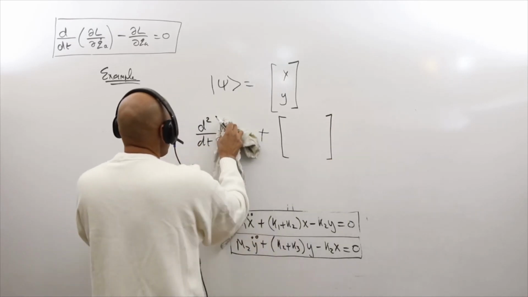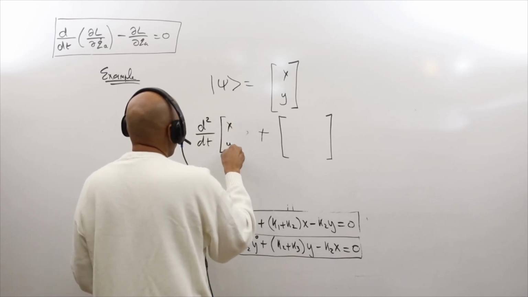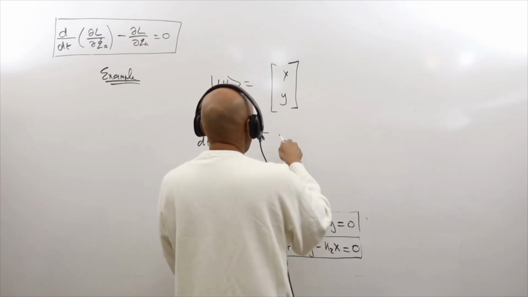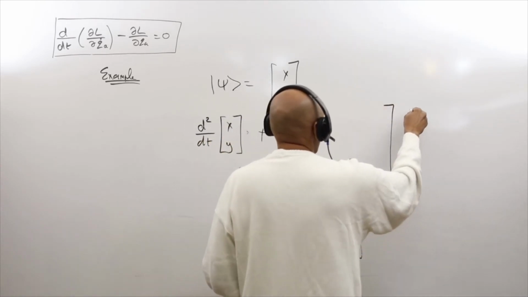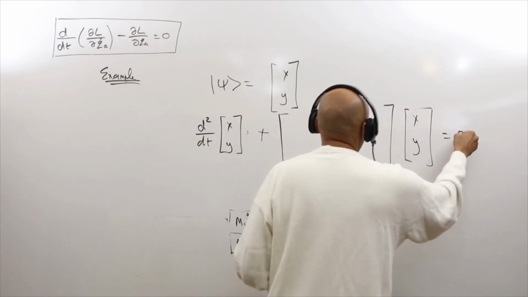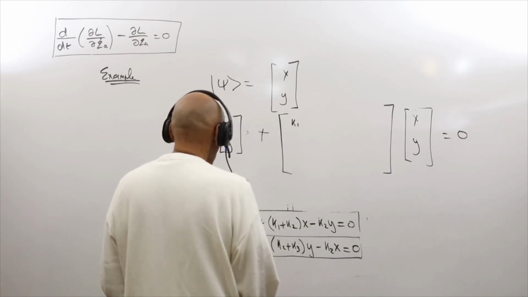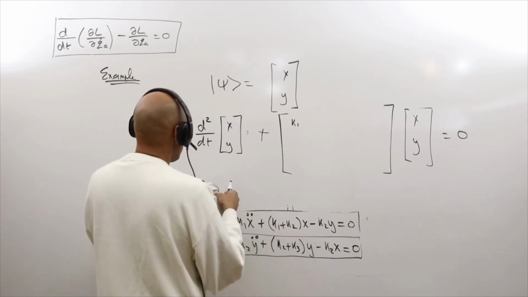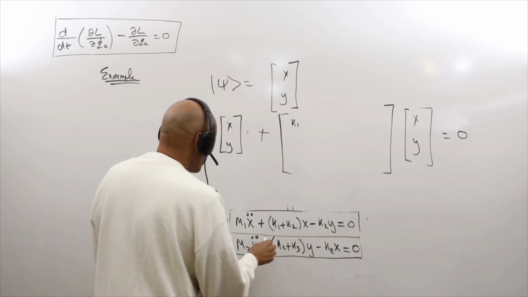Actually, let me change this to X and Y. And just to create more space, a bigger matrix. Here is X and Y is equal to 0. So the first term is K1 plus K2. And actually, I'll divide by M1 across here, and so I will divide by M1 over here and M2 over here.